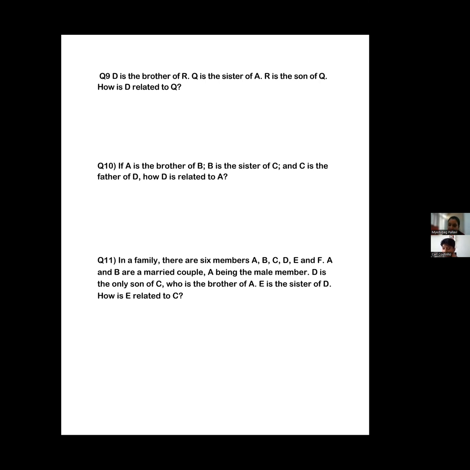Okay, let me draw the family. A is the uncle of E. Yes, paternal uncle. That will be correct.